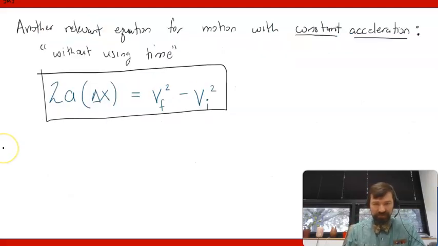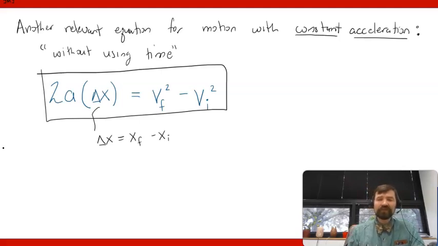And that will result in this equation here, where delta x, recall, is final minus initial. So those are the relevant equations for 1D motion with constant acceleration. Now we can apply it to a variety of problems, but that would be getting a bit outside the scope of a single short video.